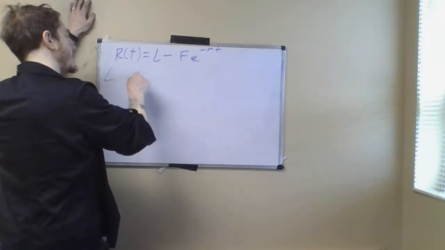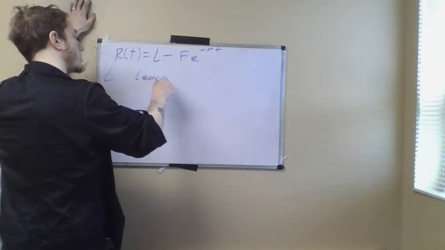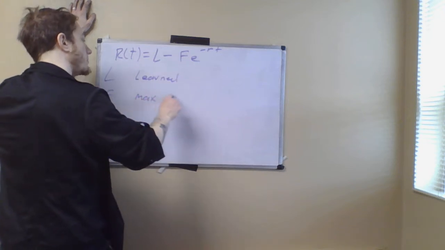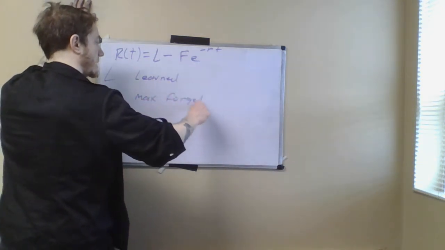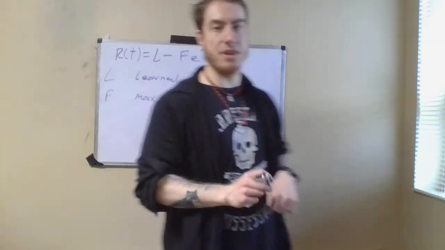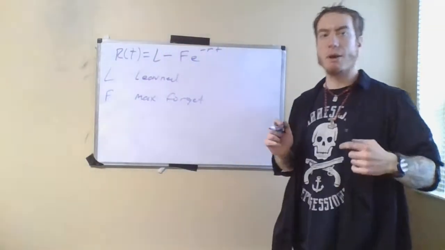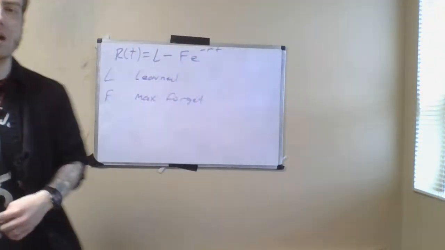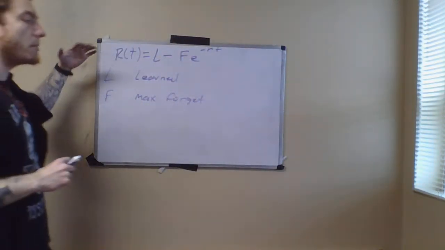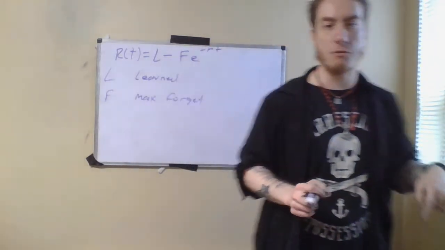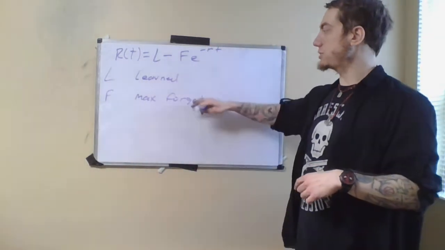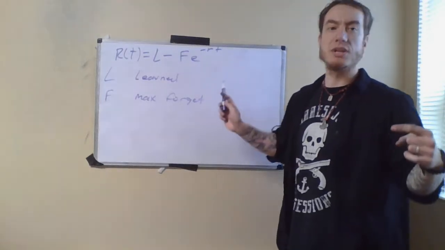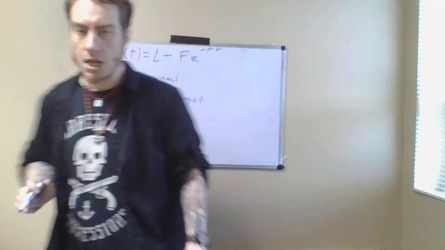So L is the amount that you have learned, and F is going to be the maximum that you forget. So usually people don't forget things completely. You still remember at least some of a certain material. But it turns out that the rate at which you go from everything you ever knew down to the most you will remember in the very long term follows an exponential decay curve.